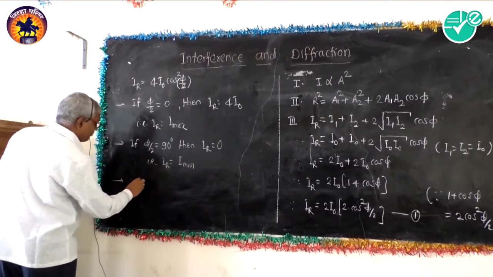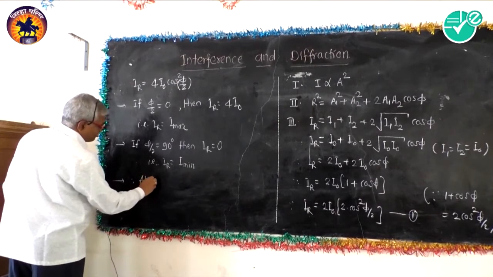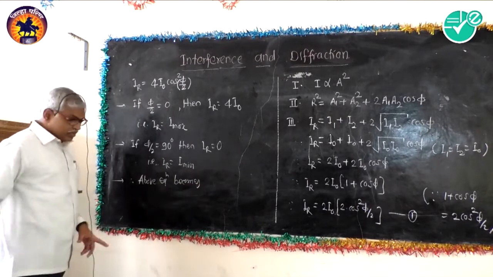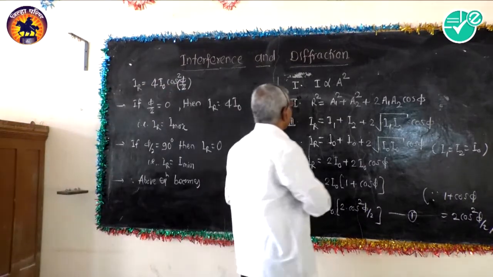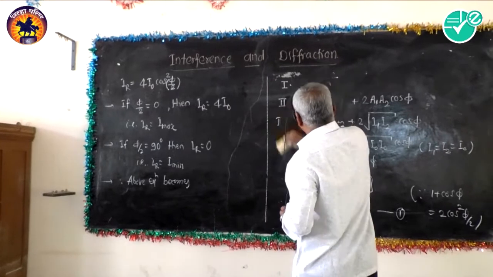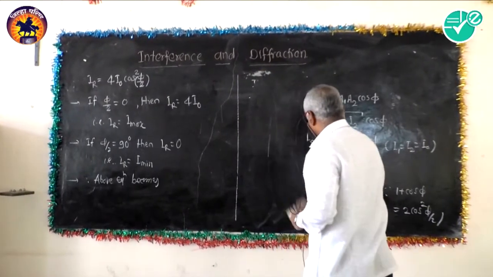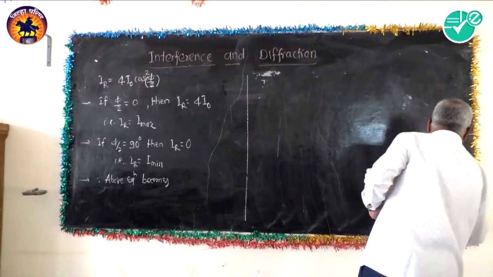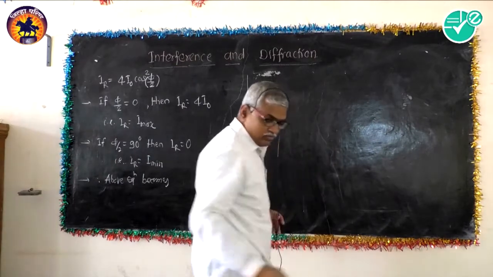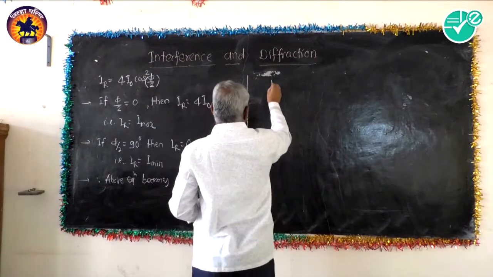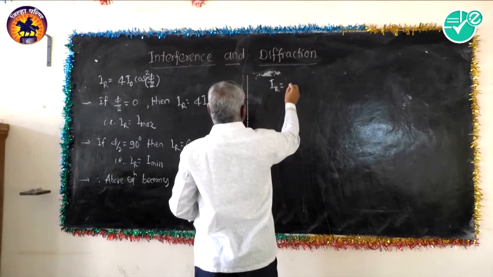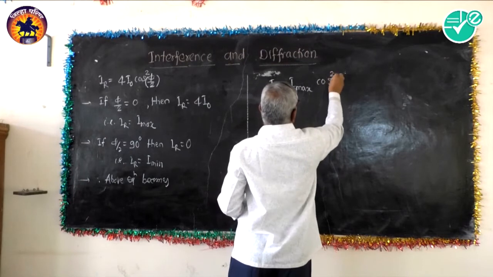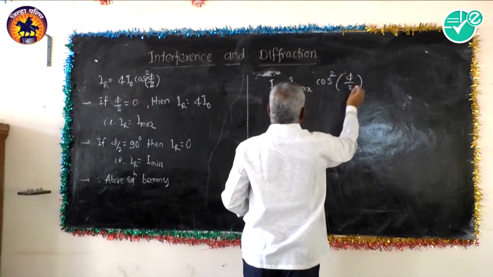Therefore, above equation of resultant intensity becomes IR is equal to Imax times cos square of phi by 2.